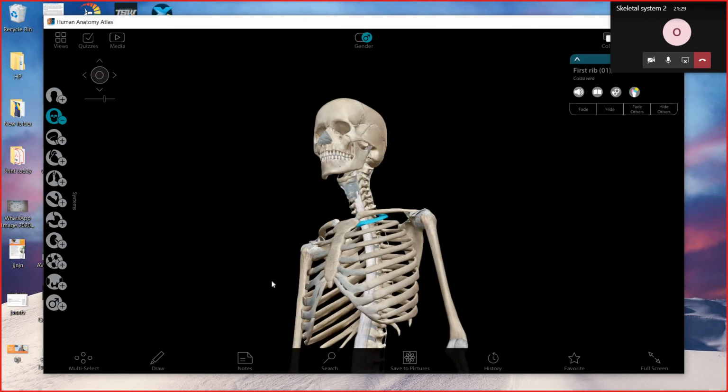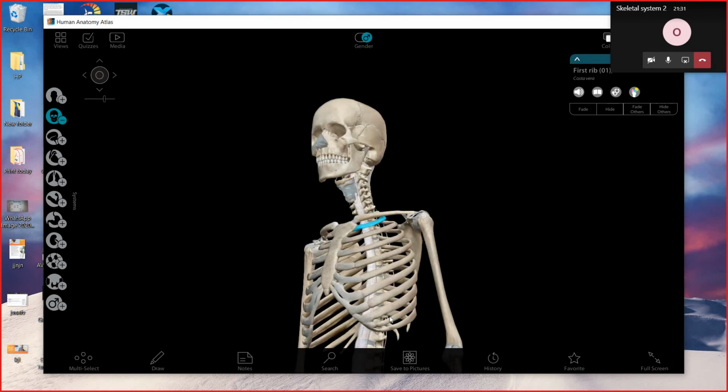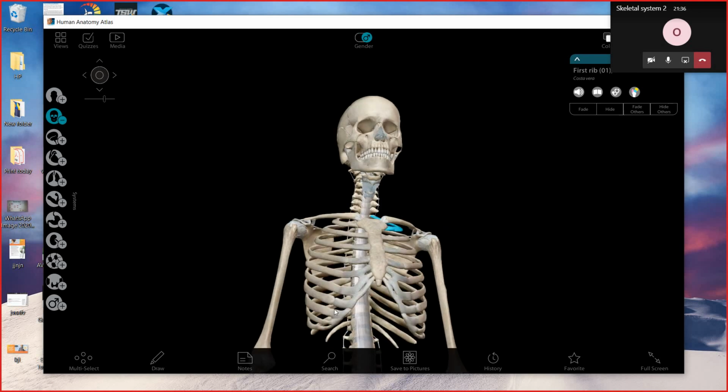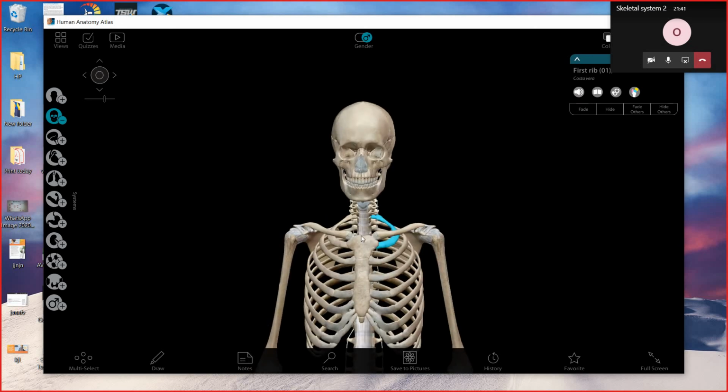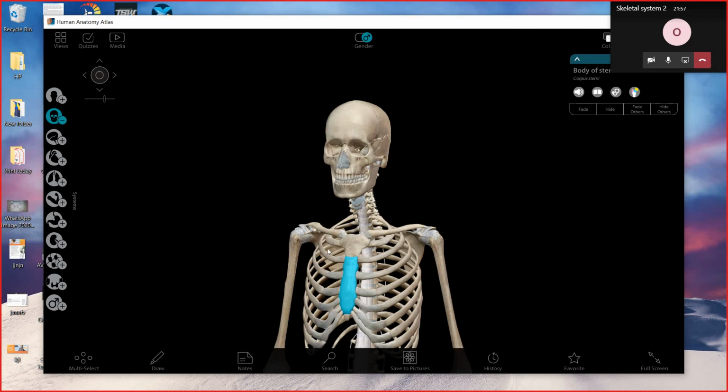The first 10 pairs, so 10 from this side and 10 from the other side, are connected to this bone here, which is called the sternum. Again, these first 10 pairs from each side are connected to the sternum.